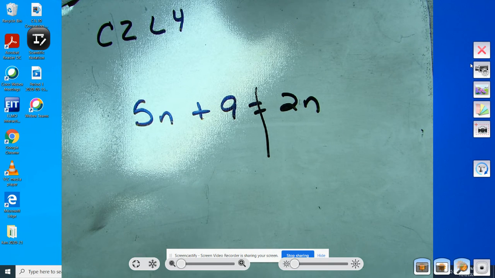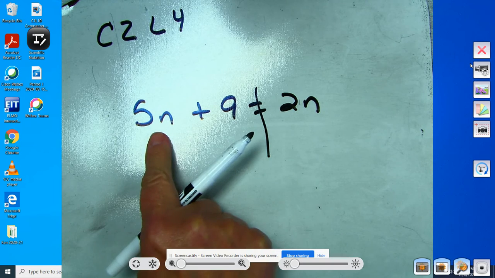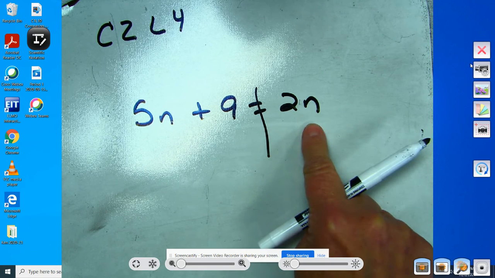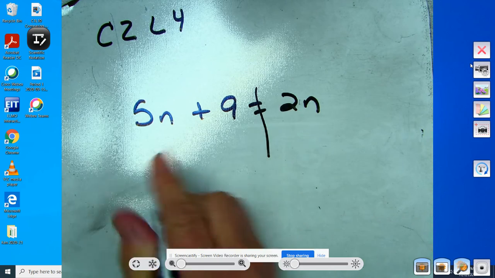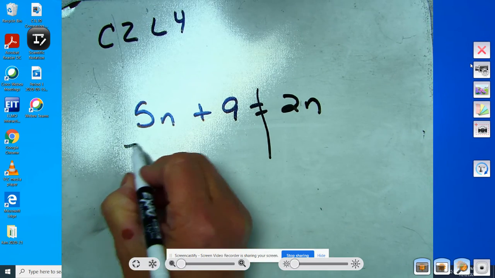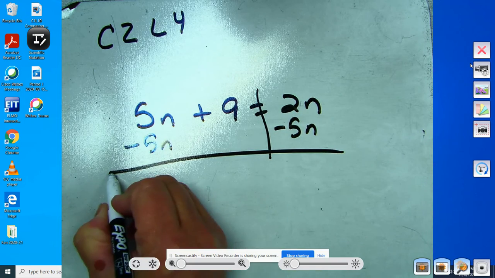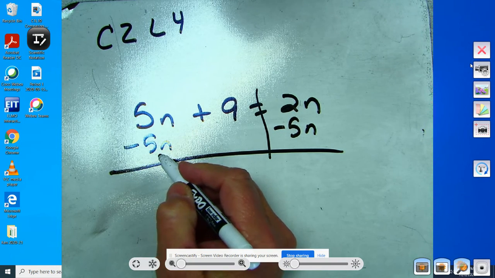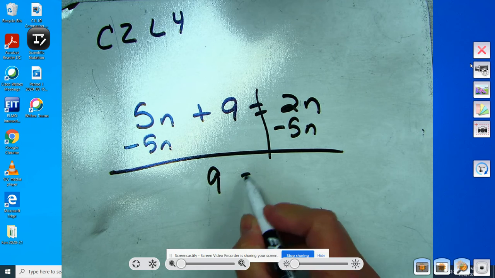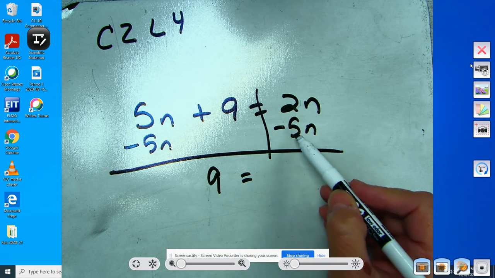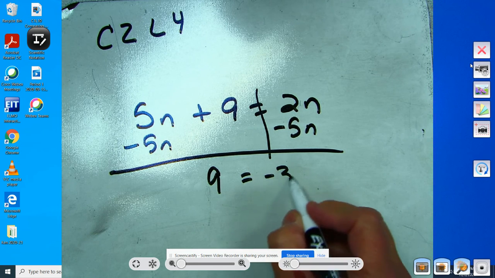I've got to get them together. So I've got to get this variable to come join his friend over here on this side of the fence. The opposite of positive 5n is negative 5n. 5n minus 5n is 0, so we bring down the 9. Positive 2 and negative 5 is negative 3.